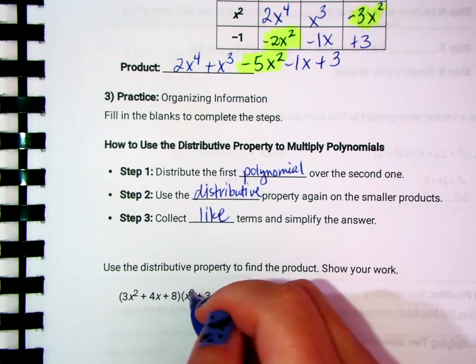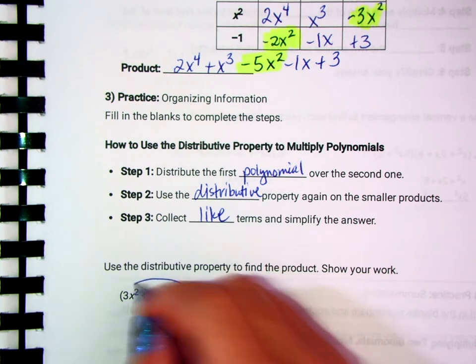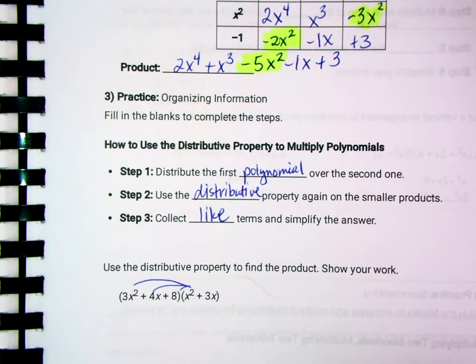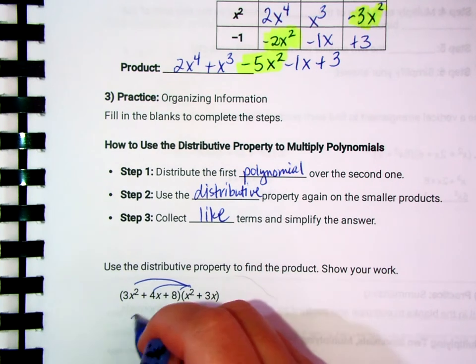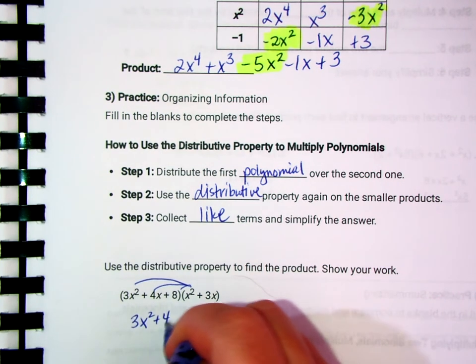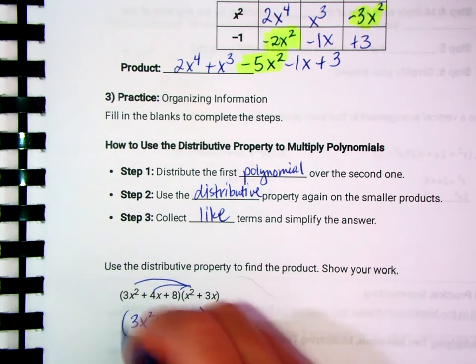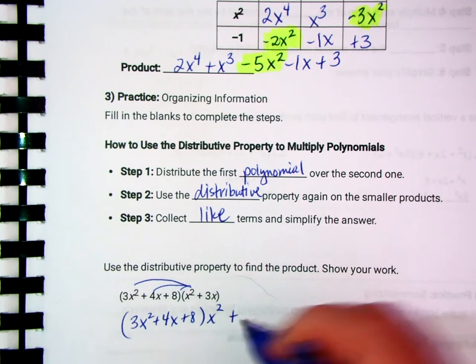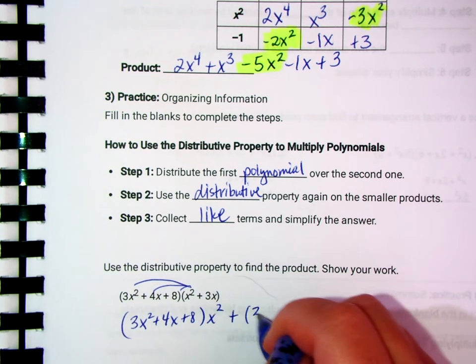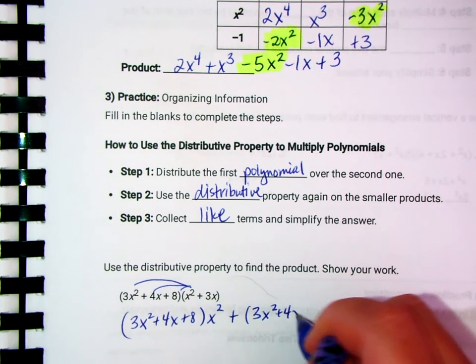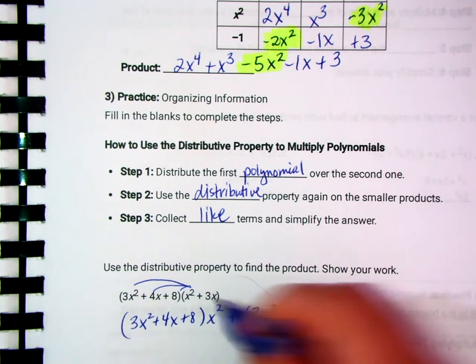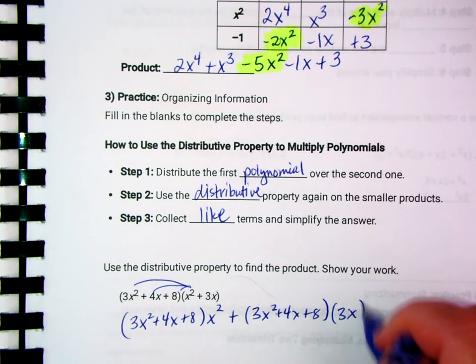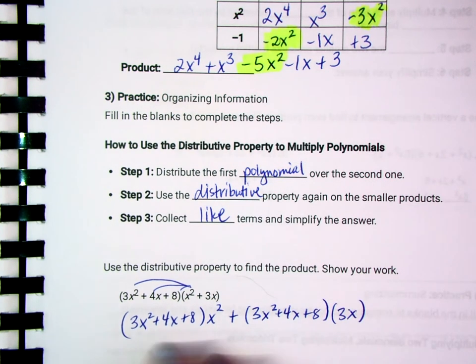So this x squared is going to go to everything back here. So for example, we would say 3x squared plus 4x plus 8 all times the x squared. And then we would say the entire thing again, all times the back of 3x. So each term has to go to everything.